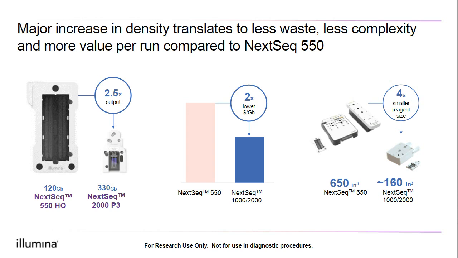It also allows for 2 times lower dollar per gigabase. And we also have a 4 times smaller reagent size footprint compared to the NextSeq 550. The NextSeq 2000 boasts approximately 160 square inches of reagent footprint when compared to the NextSeq 550's 650 cubic inches.